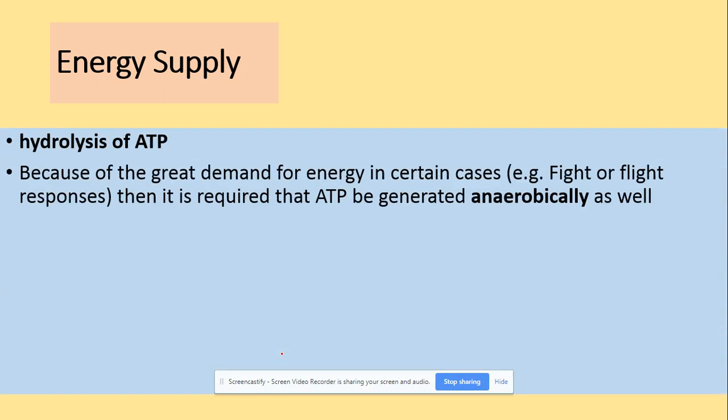So what we've got left here, we need to be looking at the energy. We did say that obviously hydrolysis of ATP provides energy, but not only that. Because there is a high demand for energy, we would like to avoid anaerobic respiration.